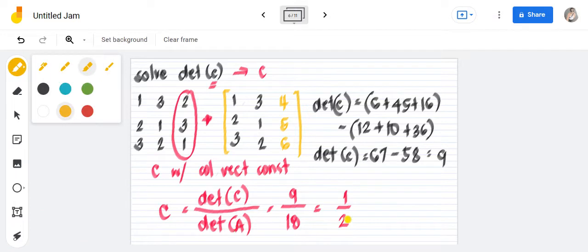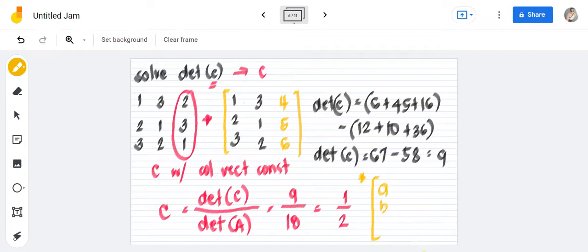So therefore, our unknown values A, B, C are 3 halves, 1 half, and 1 half. You can list it as A equal to 3 halves, B equal to 1 half, C equal to 1 half, or you can write it in matrix form.